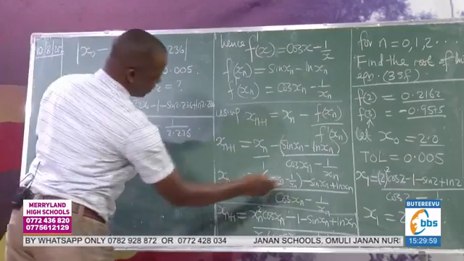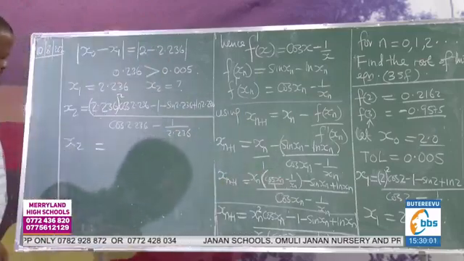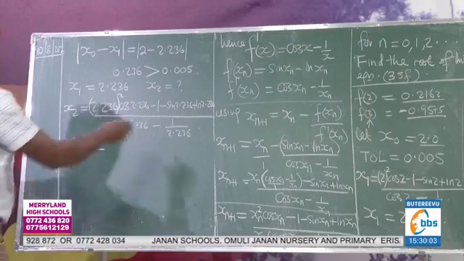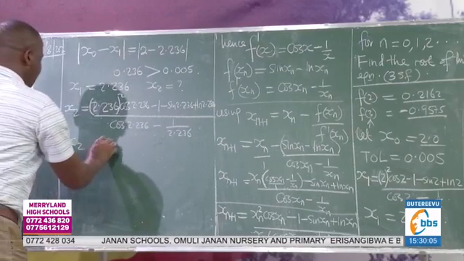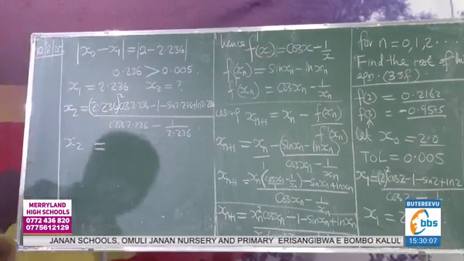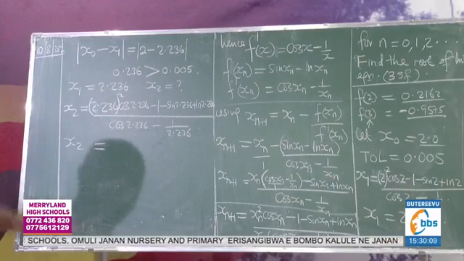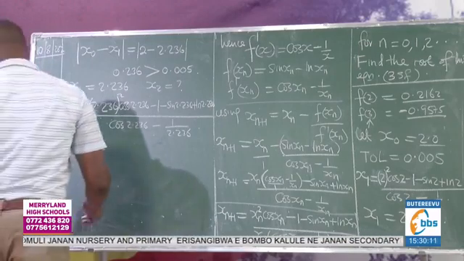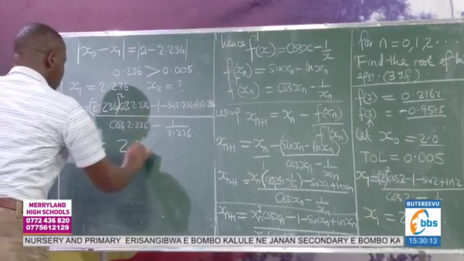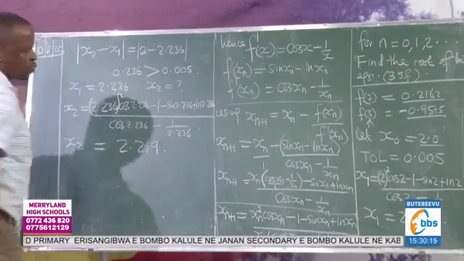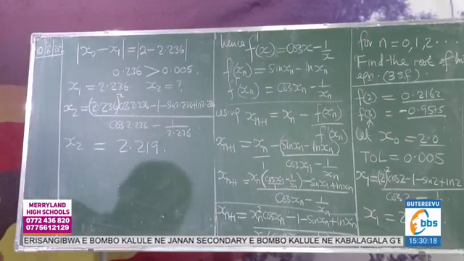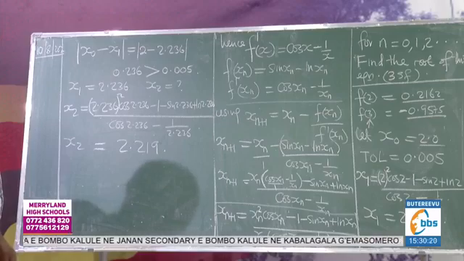If that is squared, it comes in here, which I think people have noted. Upon computation, students are expected to get a value of our x2 as 2.219.